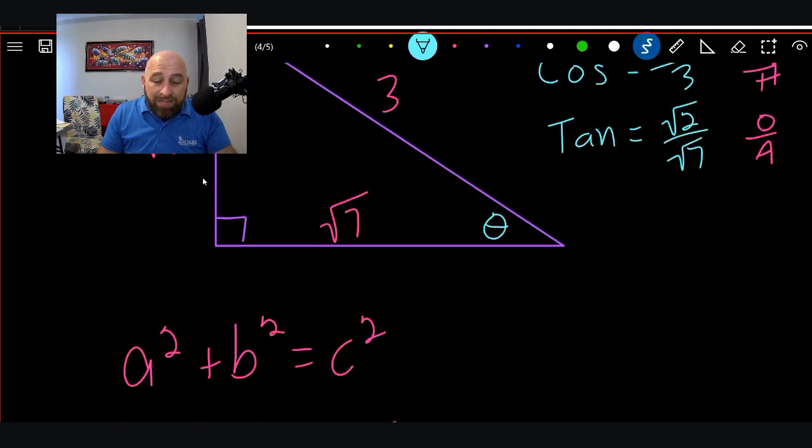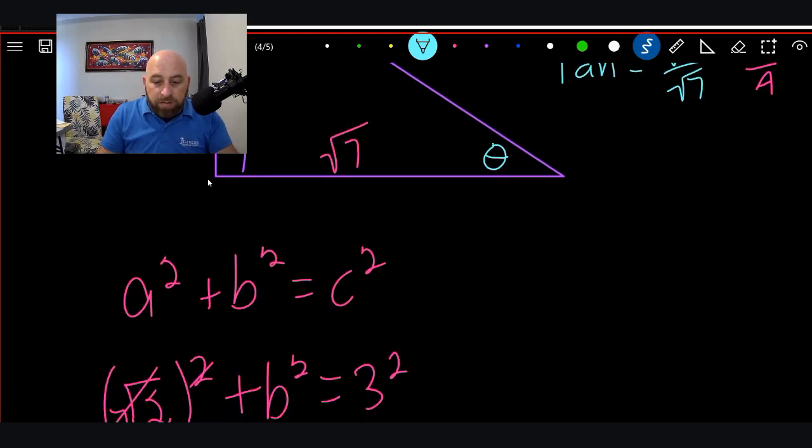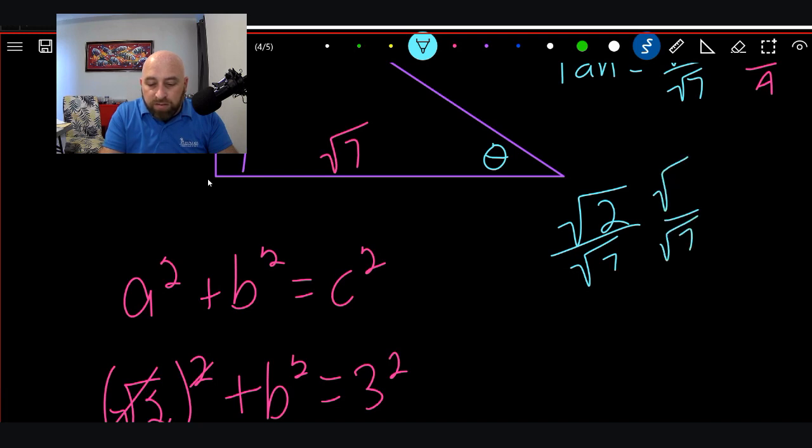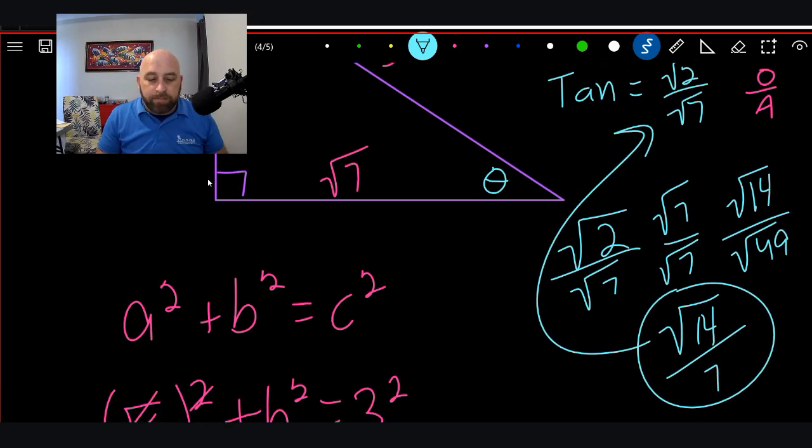We can't leave that like that, don't forget, because that's got a radical in the denominator. So we would solve that. Square root of 2 over square root of 7. We'd multiply both of those by the square root of 7. And we would get the square root of 14 over square root of 49, or over 7. So square root of 14 over 7 would be our answer, and that would be the tangent.